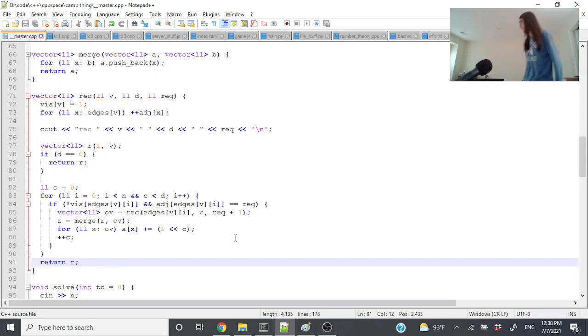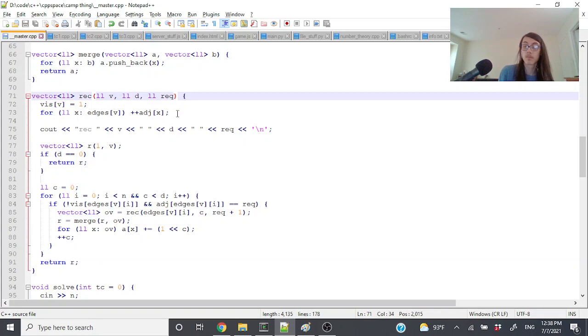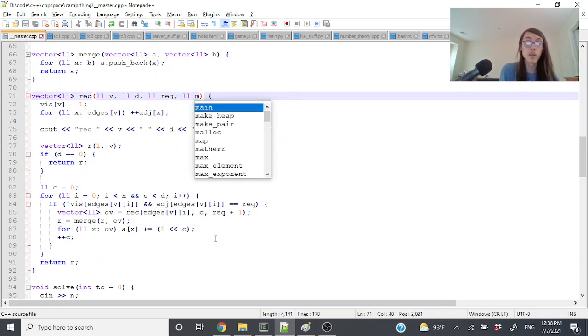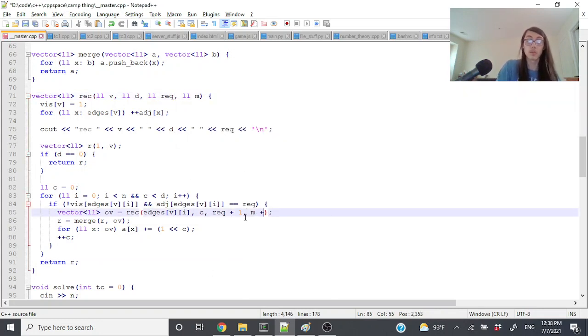What if we pass the value like so? M plus 2C.